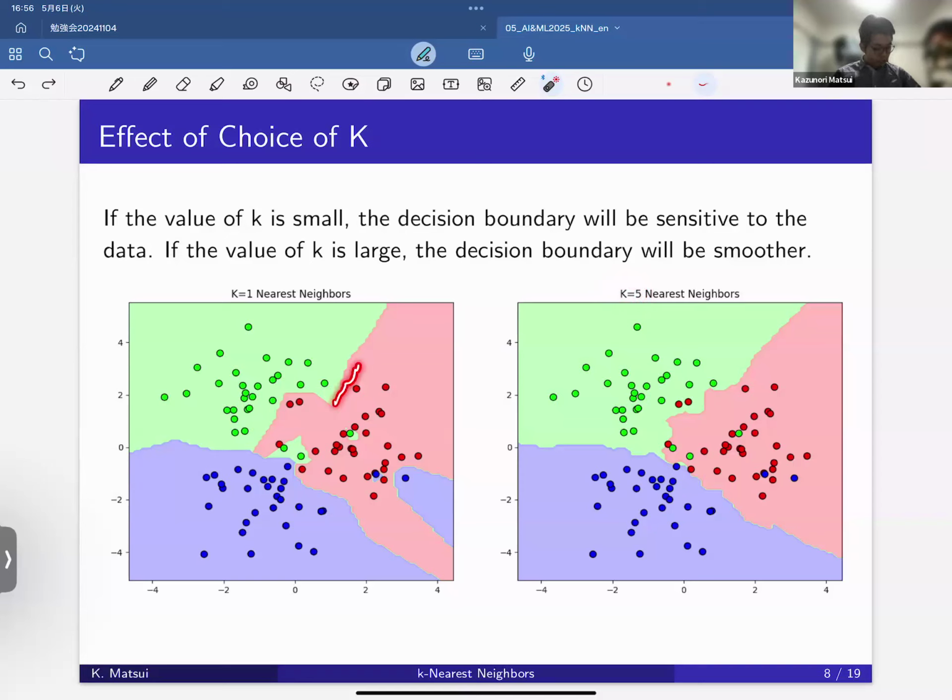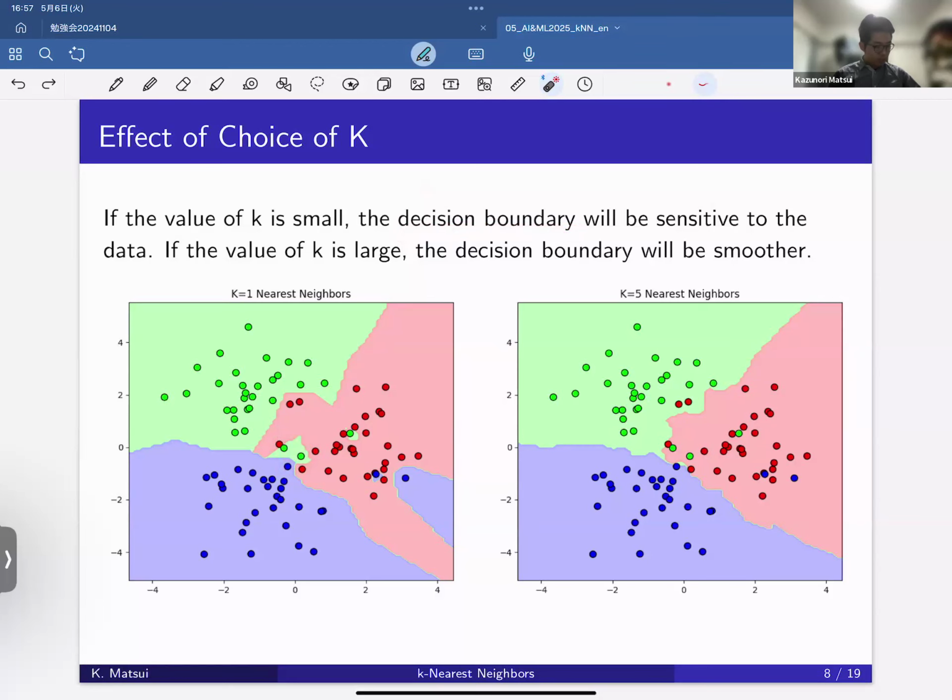The boundary that divides the space by levels is called the decision boundary. Using this term, a small value of k makes the decision boundary sensitive to the data. For example, if an area contains isolated green data points, a region around it will be classified as green.